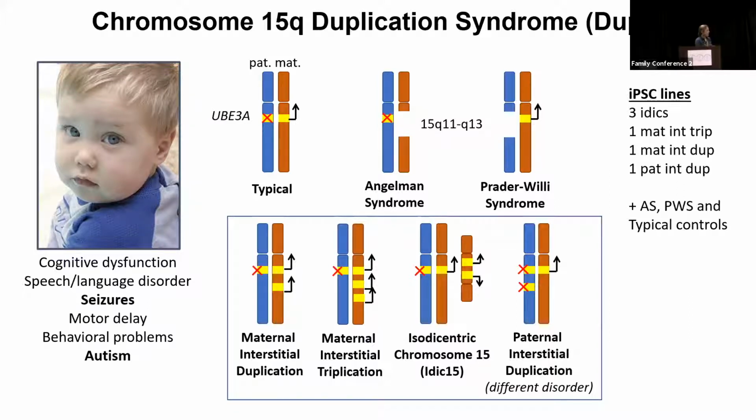And so we have made iPS lines from 3 different individuals with idic 15. We have one from a maternal interstitial triplication, one from a maternal interstitial duplication, and one paternal interstitial duplication. On top of that, we have Angelman and Prader-Willi and typical control cell lines. And so we have a really nice toolkit to start asking questions.